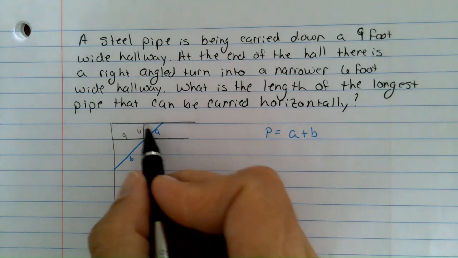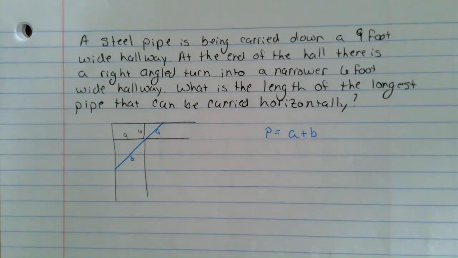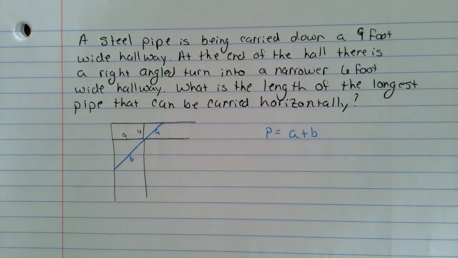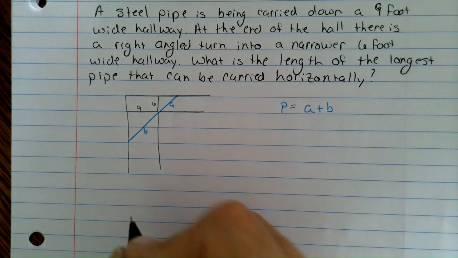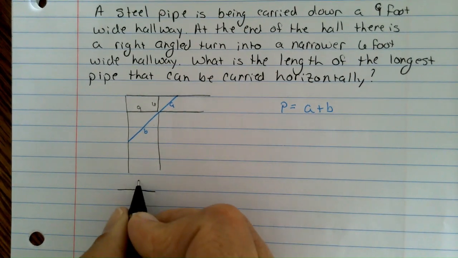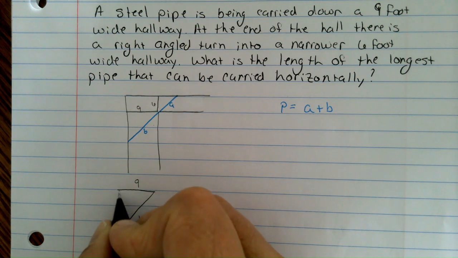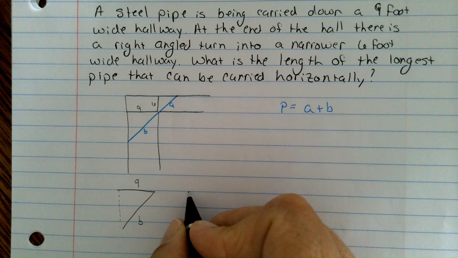But I don't know anything about this part of the triangle or this part of the triangle, so I'm kind of up a creek without a paddle here. And I've seen students look at this for a long, long time, because right now we have a 9-foot, B, and an unknown piece.